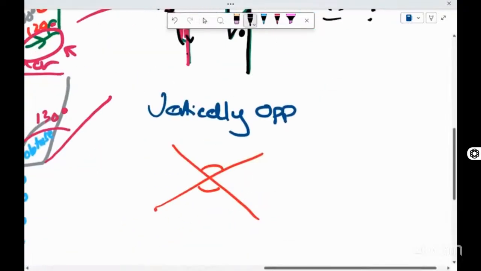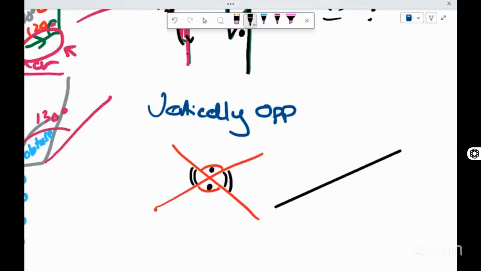Vertically opposite angles: these two angles will be equal, and those two angles will be equal whenever you've got two straight lines, and these lines can be obtuse or acute. Then we would say this angle is equal to this angle, and this angle is equal to this angle.